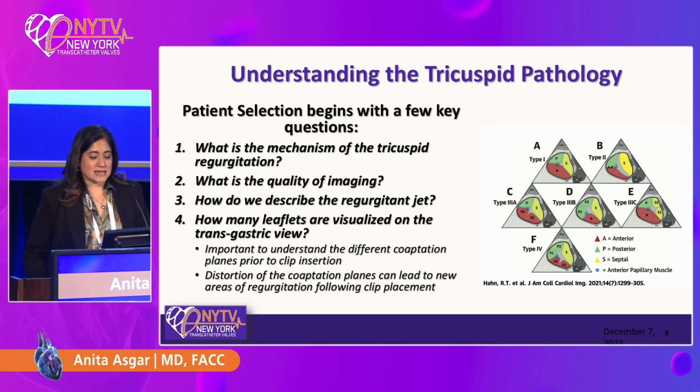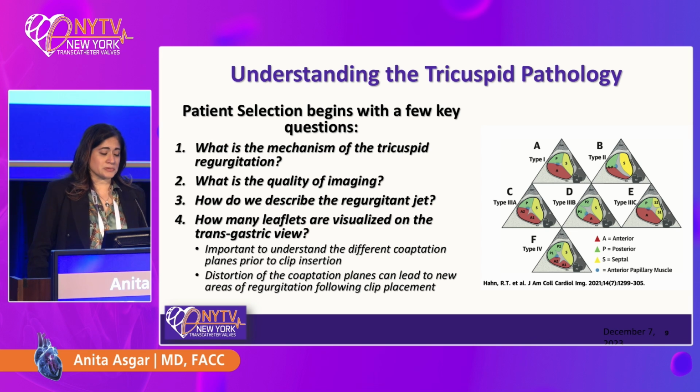And so this is just an example of the leaflet morphology. As we know now, the tricuspid valve does not just have 3 leaflets, that is the type 1, but there can be multiple configurations. And these are important, not just for the number of leaflets, but to really understand the different coaptation planes. Remember, the goal of the procedure is to restore coaptation.